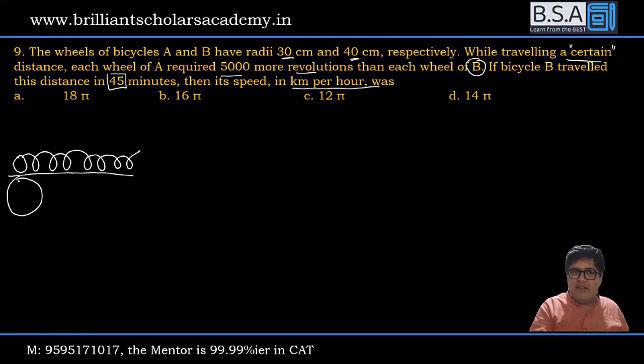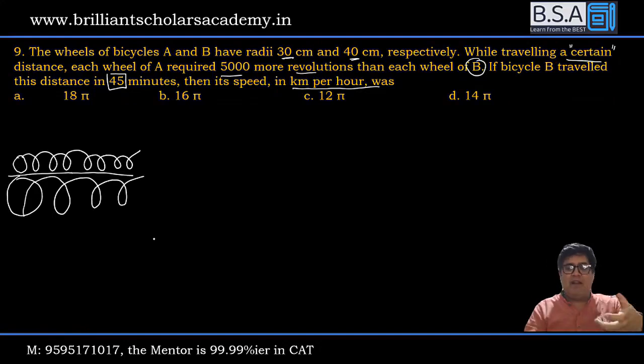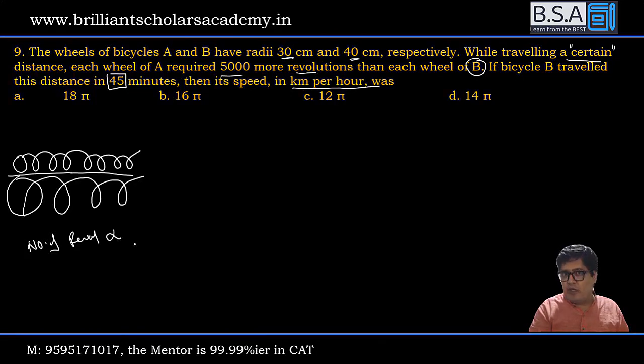A larger wheel means it will have to rotate less number of times for the same distance. Why? One rotation is 2 pi r. So can I say number of revolutions are proportional to inverse of the radii.